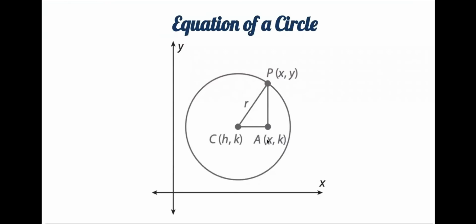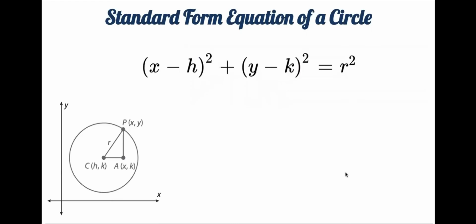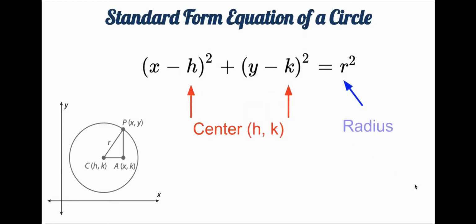This creates our right triangle that we are familiar with, so that we can find the distance of r, our radius. Now from here, we went over the equation and how it's derived, and we found out that h and k are the coordinates of our center, and r is our radius.